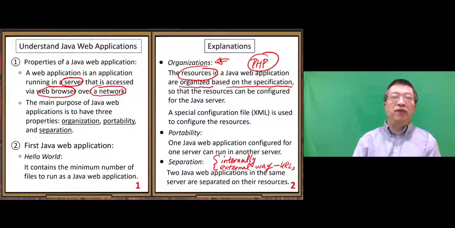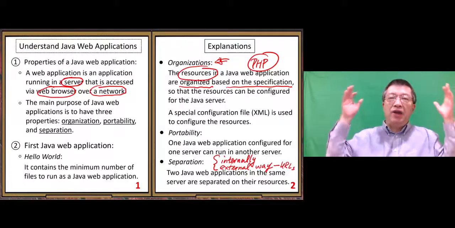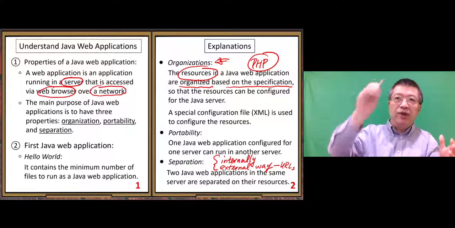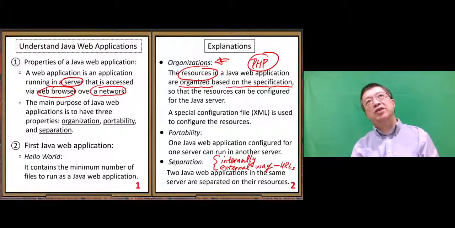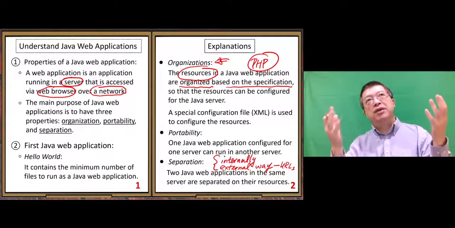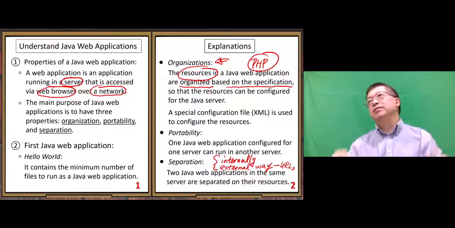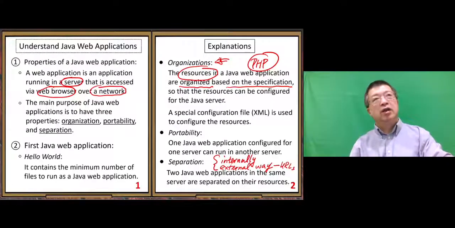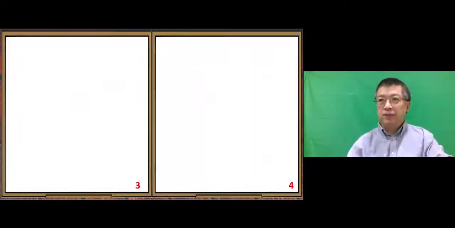Then you are ready to start the server and run that web application. You see the result, hello world. That's the short description of that first example. We will see that later.